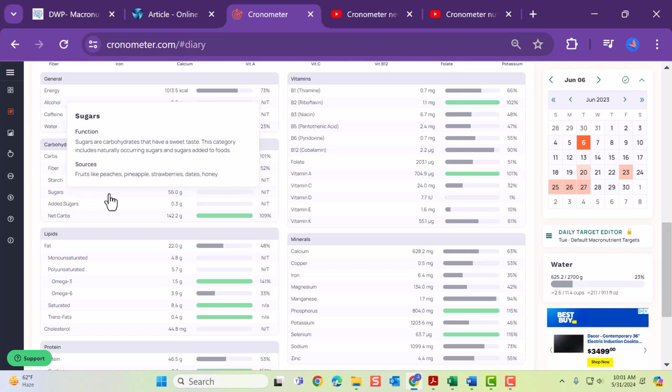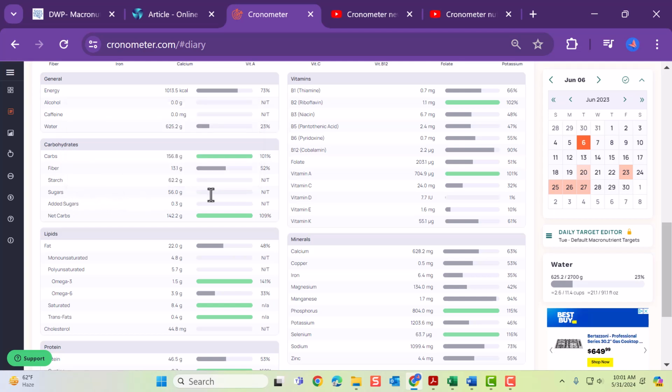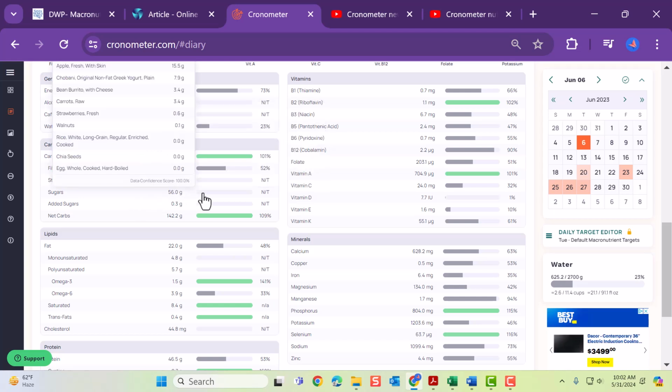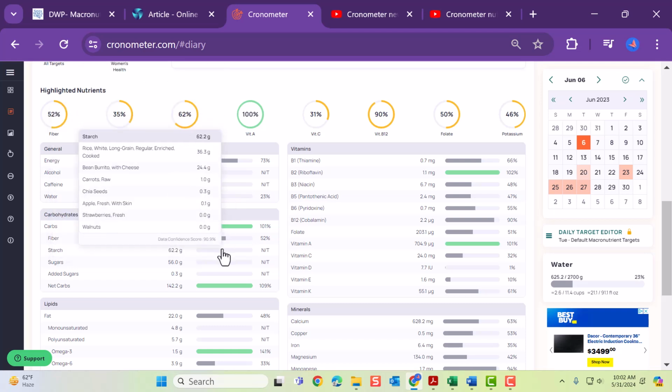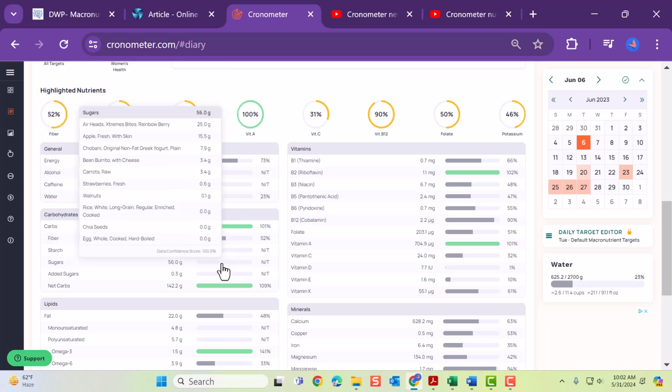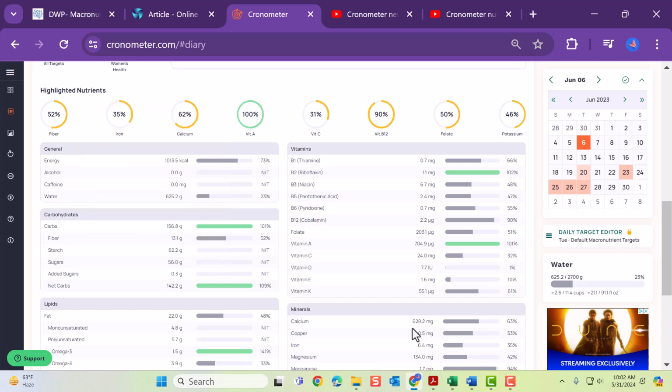So for sugar, this is your first day, so whatever date that was, you're going to hover your mouse over this line. Let me scroll down a bit so you could see. So sugars, notice on this day, 25 grams of sugar came from Airheads. So you would say on day one, I'm going to go back.